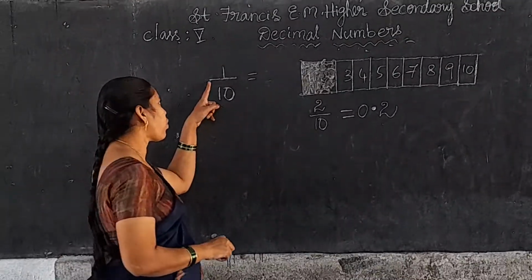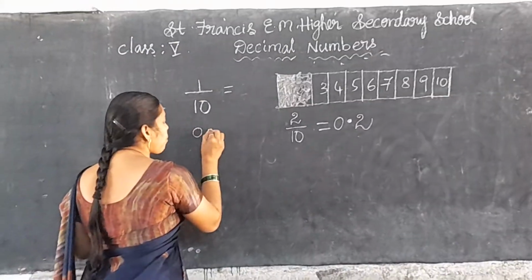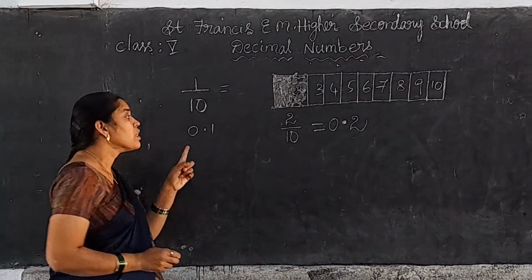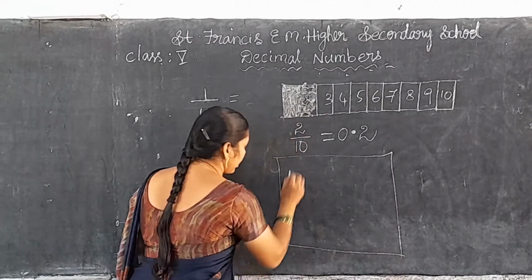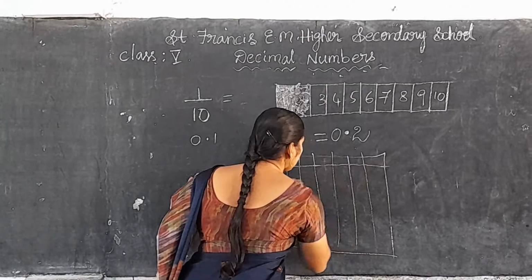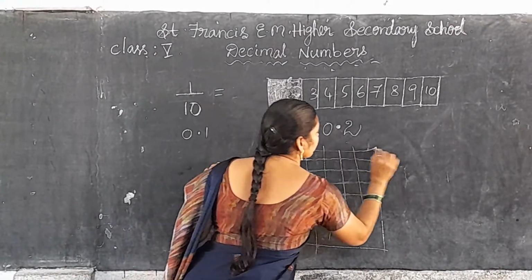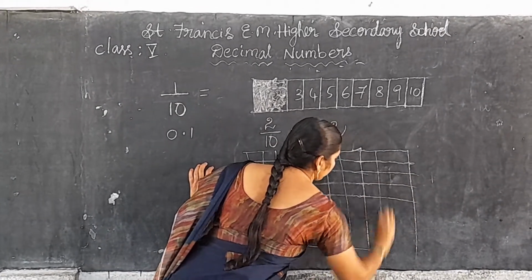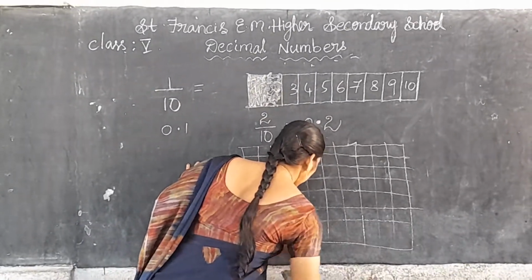Okay children? Then what is this value? 1 by 10 value I already told you. That is 0.1. Okay? Okay children? Suppose a fraction is divided into 100 parts, like this, it is divided into 100 parts.